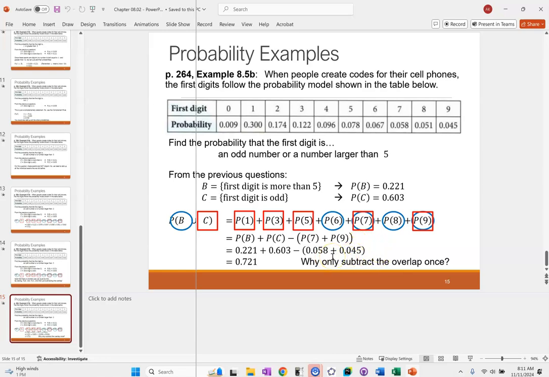Any probability of a union is going to be the probability of A plus the probability of B minus the probability of A and B. And it still works for mutually disjoint events because what's the probability of A and B in a disjoint event? 0. So it still simplifies down to the formula we saw here in today's lesson. So far, so good? Everybody happy?